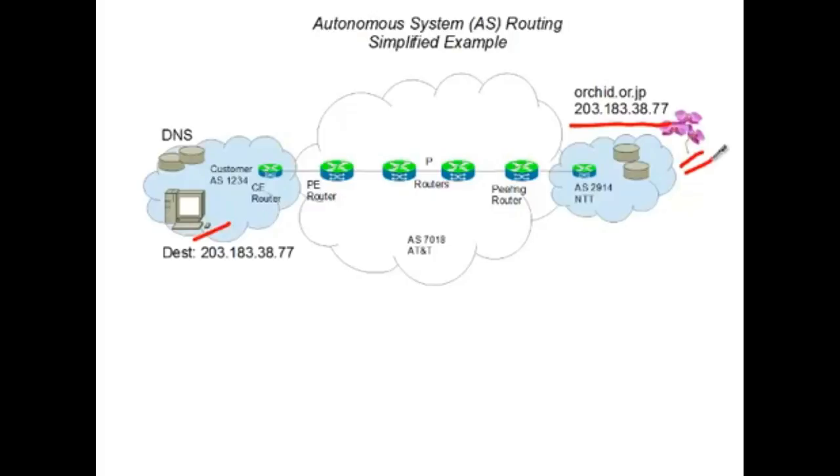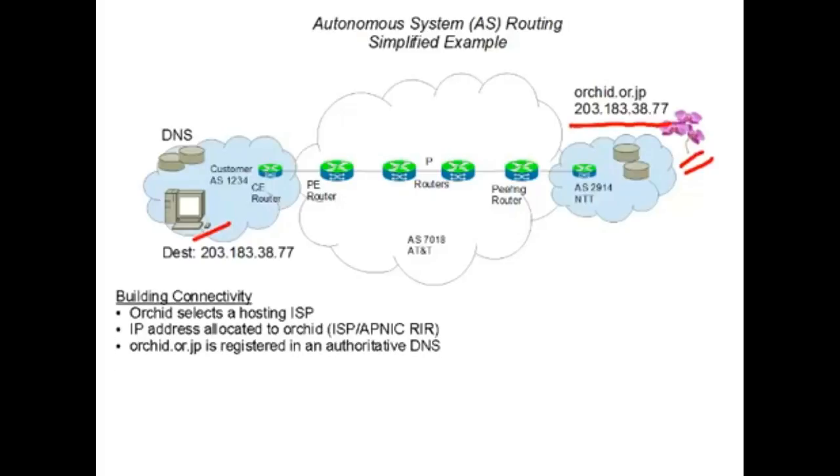So we're going to go through, first of all, the steps that the website administrator would have to go through to put their site on the network and get it advertised, and then we'll go through what a connection looks like. We first have to build connectivity.